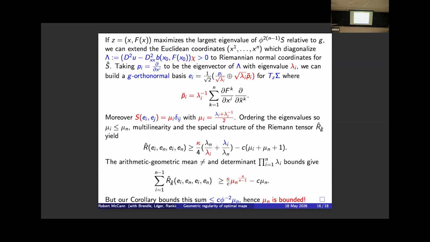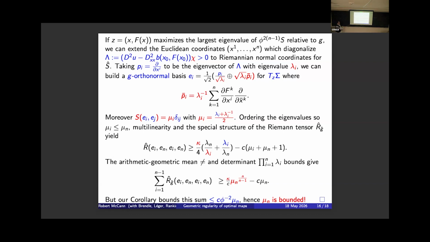And on the other hand, it's the determinant of this that's controlled. So I would like to smuggle in an extra, I'd like to put lambda n here, and then I have to put an extra power of lambda n down here. And similarly, there'll be a term with the sum of the reciprocals of the lambda i's times lambda n, and you do the same thing with this term.